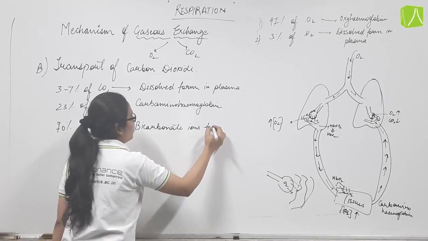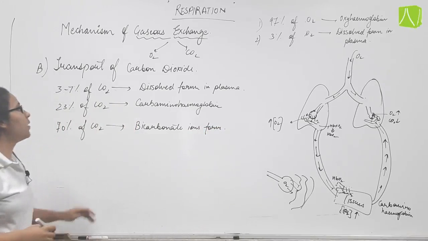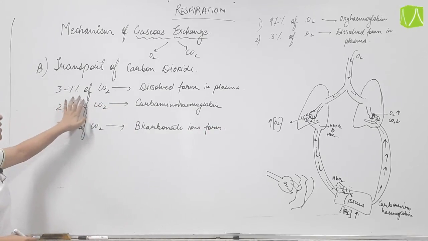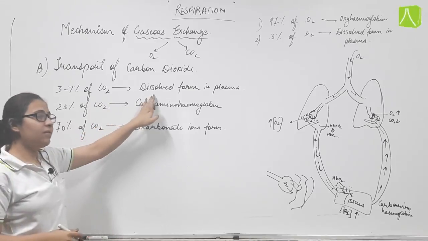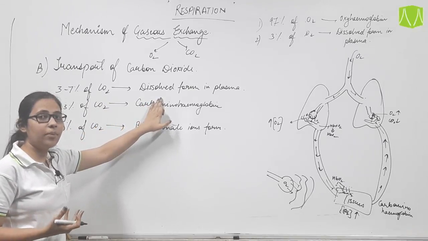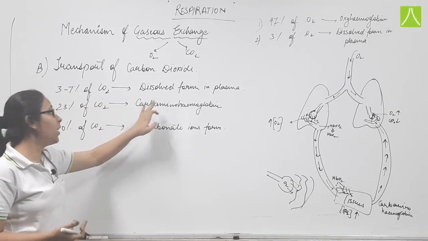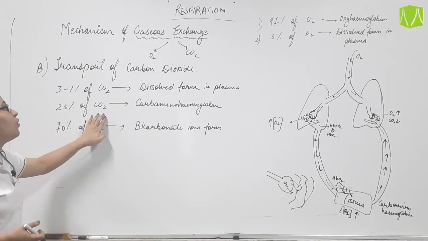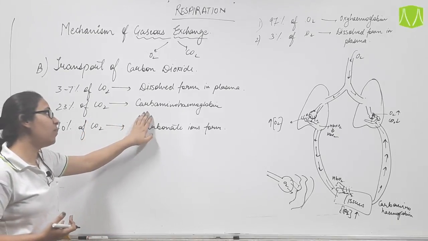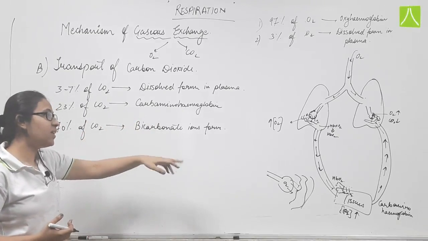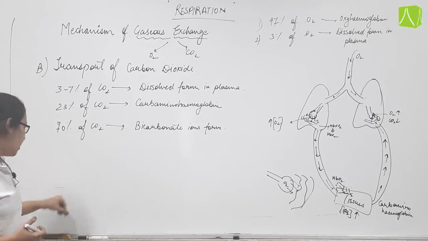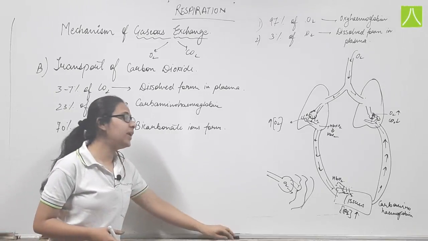In this way the transportation of carbon dioxide will occur. 3 to 7% of CO2 will be travelled in the dissolved form in plasma, because we know blood is made up of plasma and blood corpuscles, and 23% of CO2 will bind with the respiratory pigment called hemoglobin to form the carbaminohemoglobin structure, which then travels up to the lungs, and the remaining 70% of CO2 is transported in the form of bicarbonate ions.